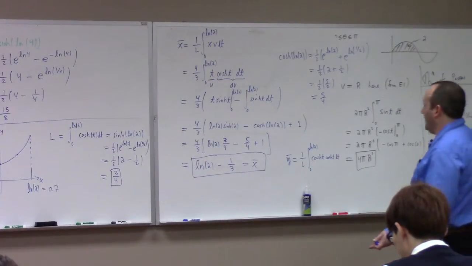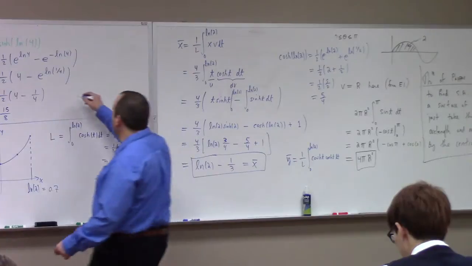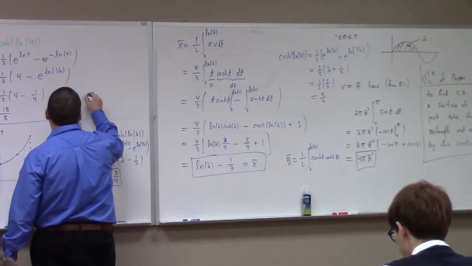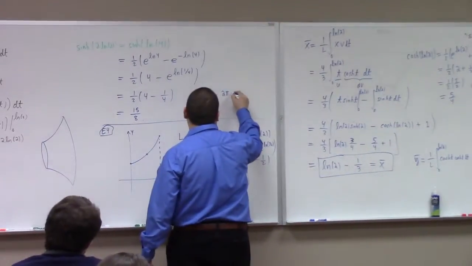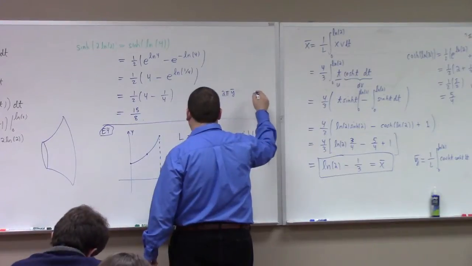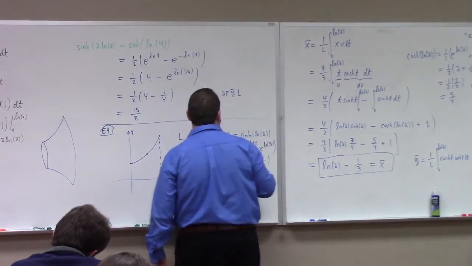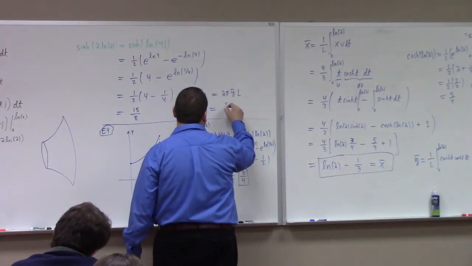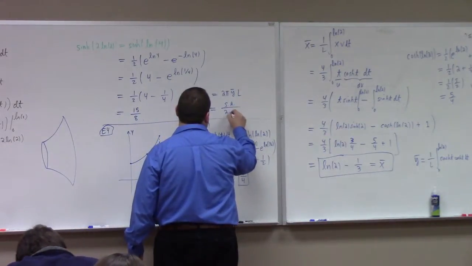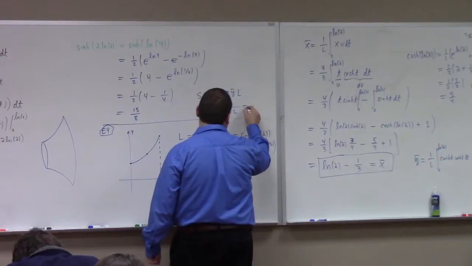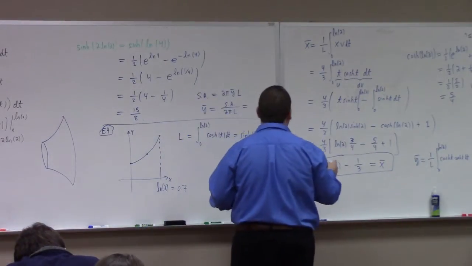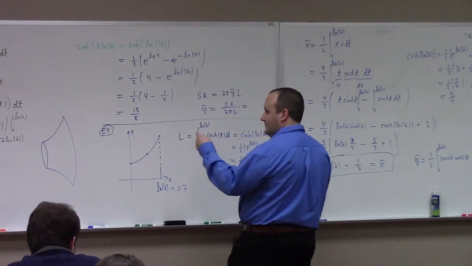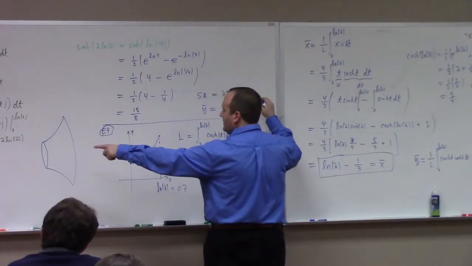Because the theorem of Pappus says that the surface area is equal to 2 pi y bar times L. So that means that y bar is equal to the surface area divided by 2 pi times the length, which in our case is that thing.